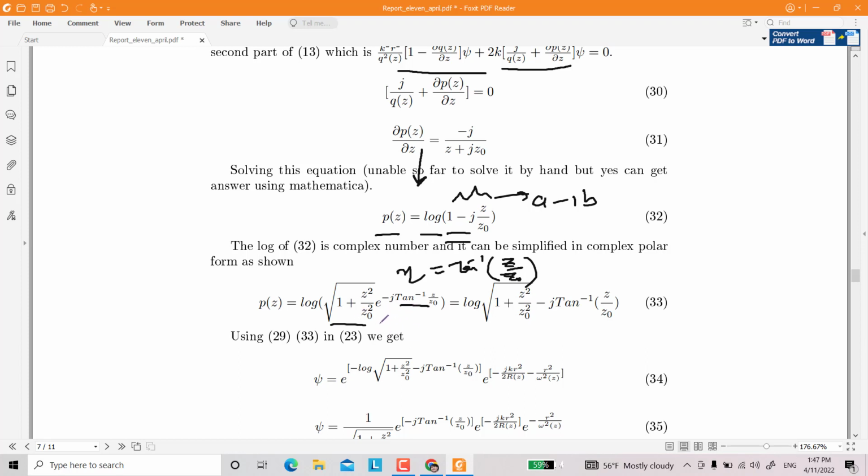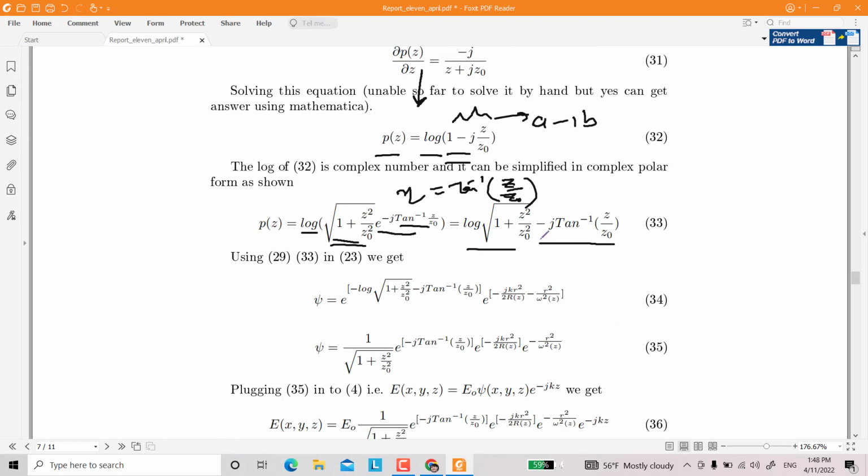We can simplify this further, because this is function A, this is function B, and outside A and B there is a log. The log of A multiplied by B is log of A plus log of B. Exponential and log are opposite to each other, so minus with the plus is minus. So this basically simplifies to this simpler form.